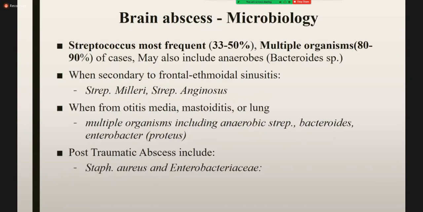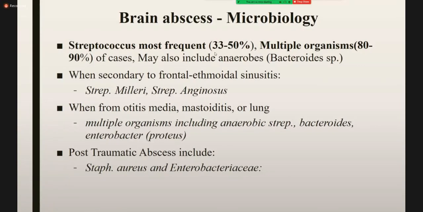As far as brain abscess microbiology is concerned, there are certain pathogens which are most frequent. Almost 33 to 50% of isolated organisms are Streptococcus. In almost 80 to 90% of cases multiple organisms are involved, and these may include anaerobes also.